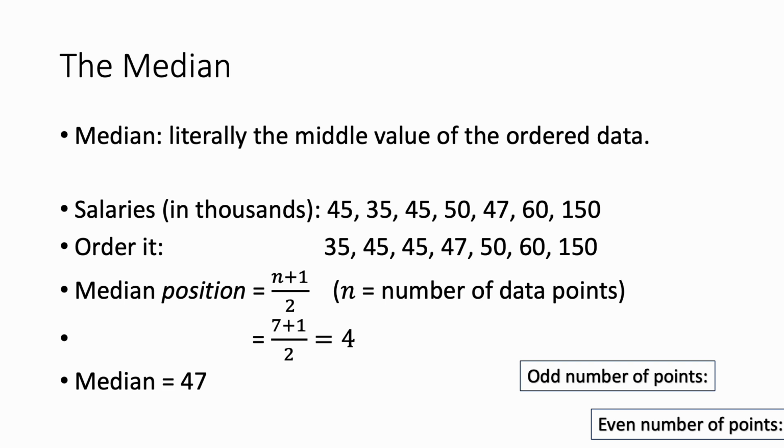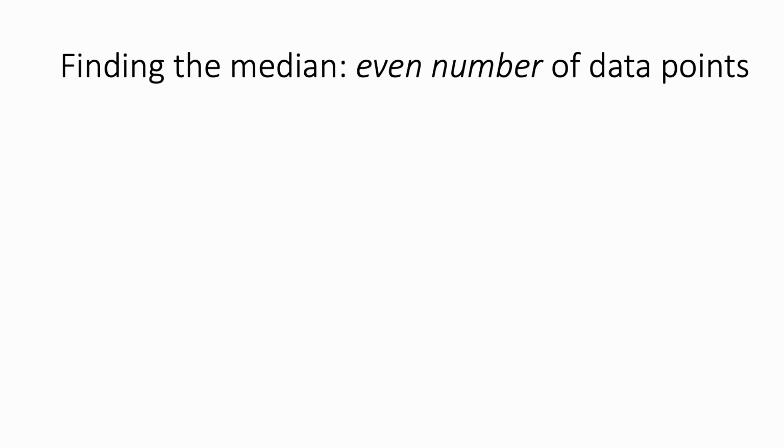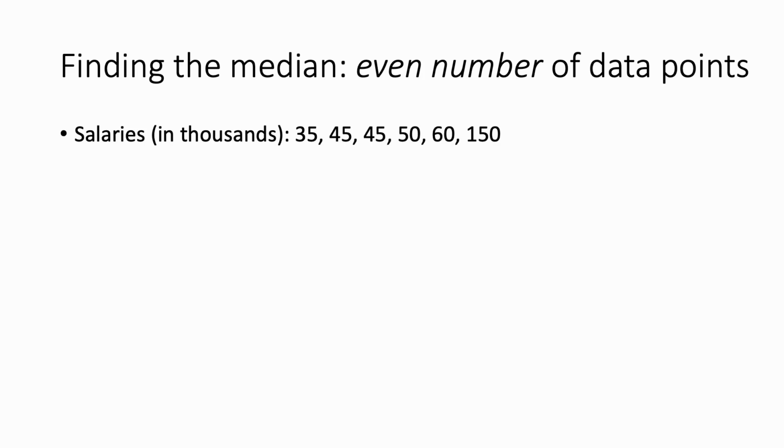Notice one thing, that the number of data points was an odd number, that is 7. Does this formula work if the total number is even instead? And if not, what do we do then? Let's see that. In this second example, we have an even number of salaries, that is 6 salaries. So again, we compute the median position.